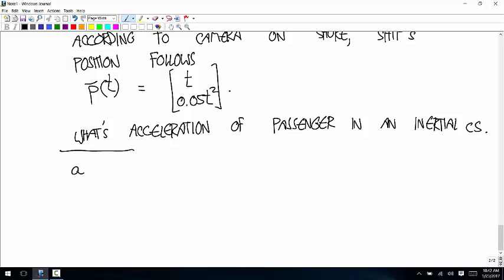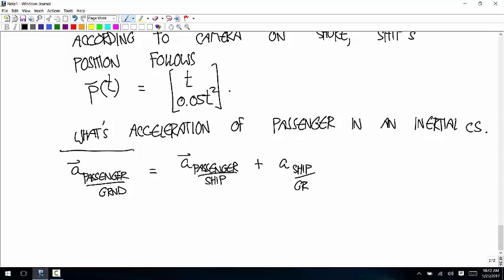So relative motion says the acceleration of the passenger relative to the ground is equal to the acceleration of the passenger relative to the ship plus the acceleration of the ship relative to the ground.